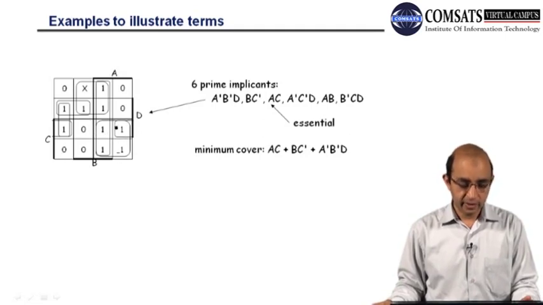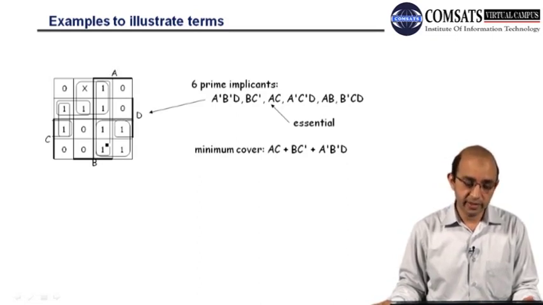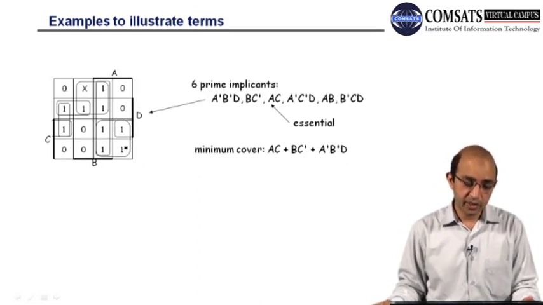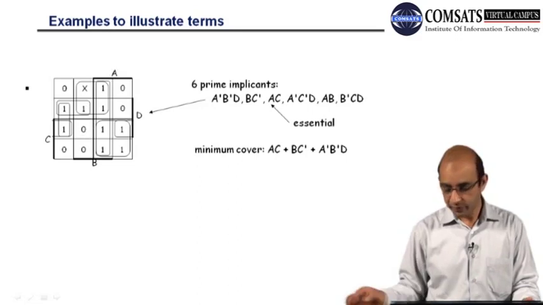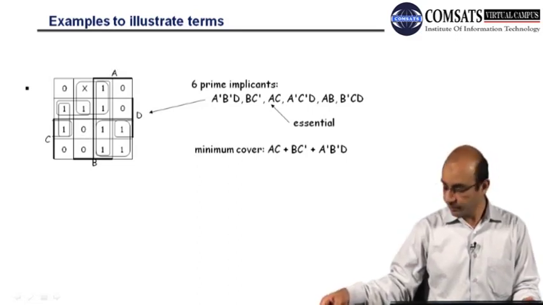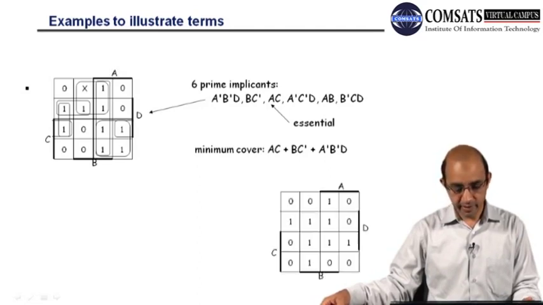Within this square, the ones have the minimum cover. Here this one has been utilized, reutilized, and those two ones are also reutilized, but this one has not been utilized, so this has the minimum cover. And if we look at BC bar, it will also have the minimum cover. This is the philosophy of prime implicants and essential prime implicants.